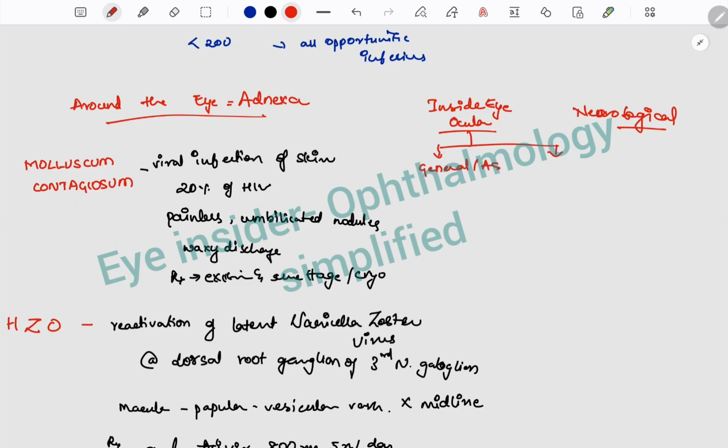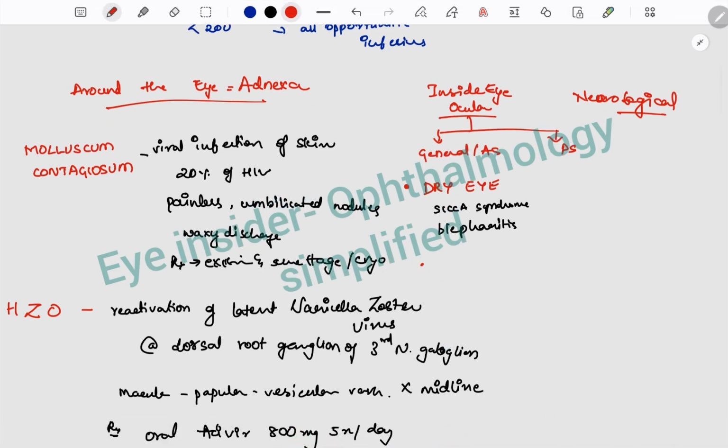Coming to the ocular manifestations per se, the general one is dry eye. Because of Sjogren's syndrome or due to recurrent blepharitis, the patient can develop dry eye, and there is anterior uveitis.